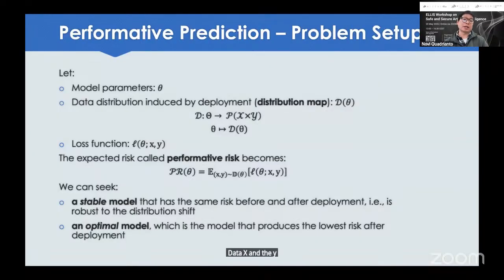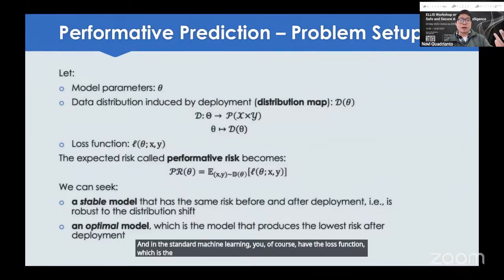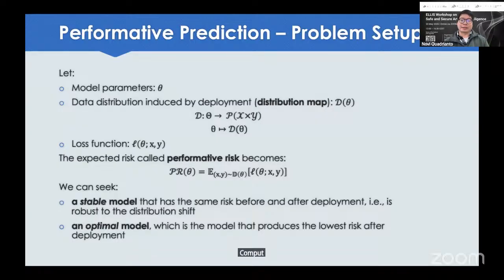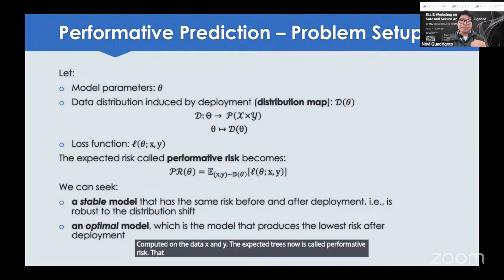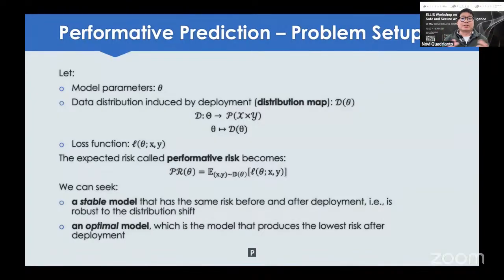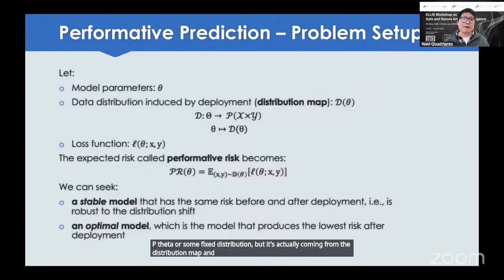And in standard machine learning, you of course have the loss function, the loss of theta computed on the data x and y. The expected risk is now called performative risk, PR of theta, where you take the expectation of the loss with respect to the data x and y, now not coming from a fixed distribution, but from the distribution map, and the distribution map itself is induced by theta.